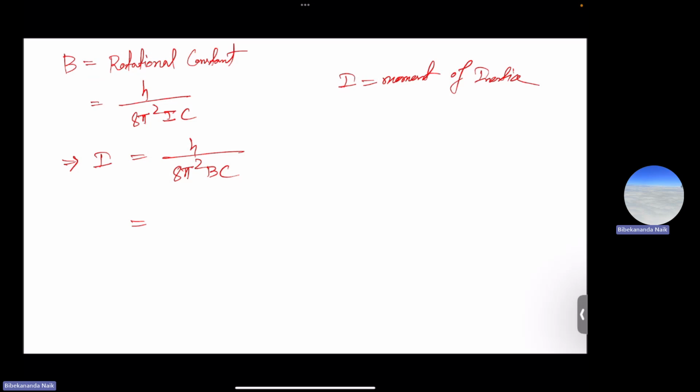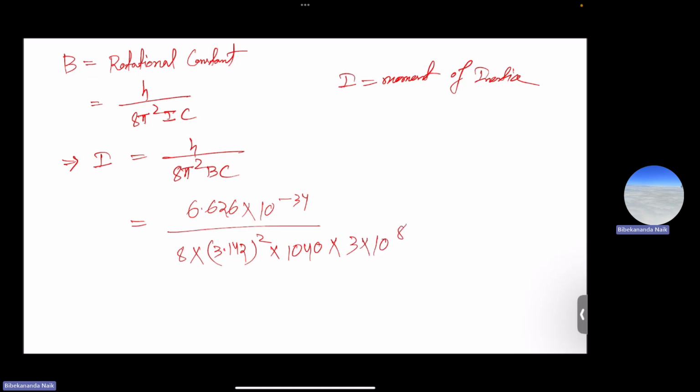The value of h is 6.626 into 10 to the power minus 34, divided by 8 into 3.142 square into 1040 into c, 3 into 10 to the power 8.